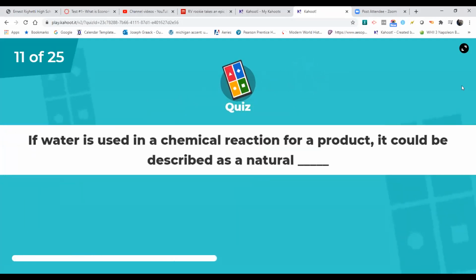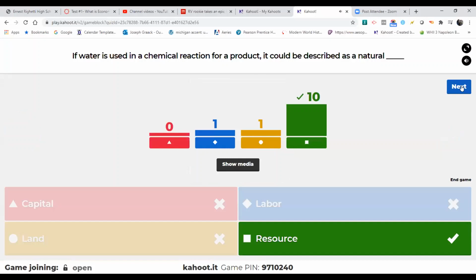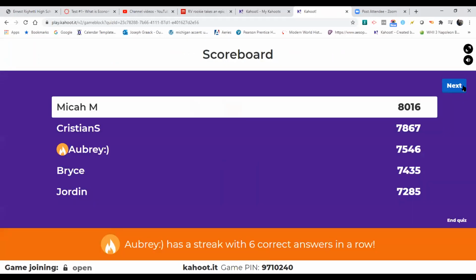If water is used in a chemical reaction for a product, it could be described as a natural what? Resource, right? If water is used in a chemical reaction for a product, it could be described as a natural resource.